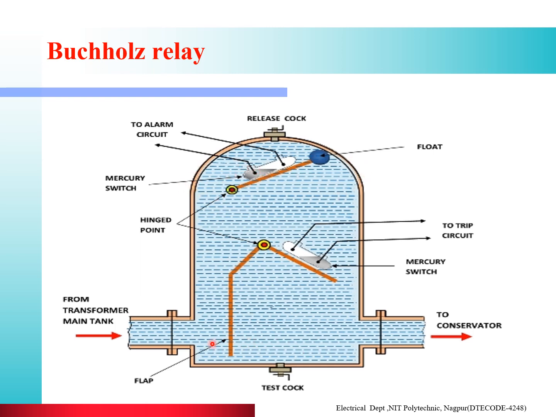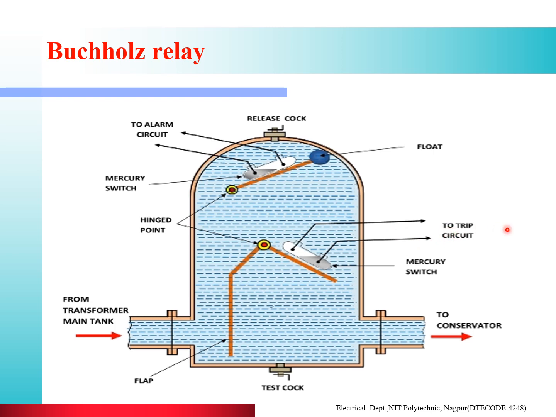Then second is the severe fault. In a severe fault such as a short circuit, the short circuit current is large, due to which the transformer oil will expand due to evaporation and rush from the main tank to the conservator tank. Due to the turbulence in the transformer oil, this flap gets tilted and the mercury switch contact gets connected to the trip circuit.